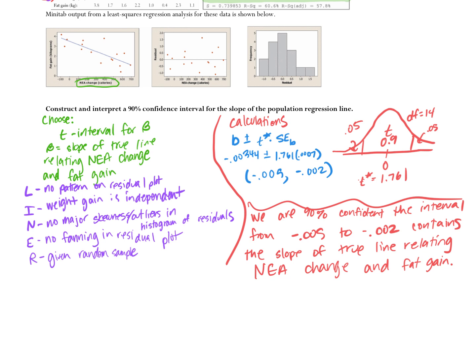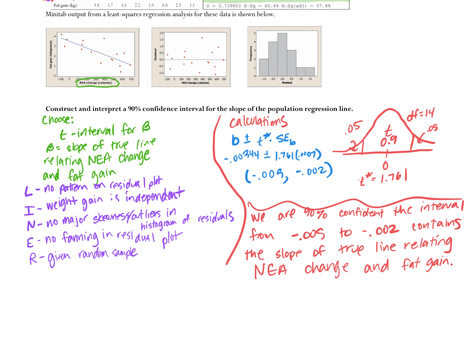Is everybody with me? Okay, now, are any of you thinking, yeah, it's negative, but these values are still pretty darn close to 0, right? I want us to be really careful of something. Are you with me that my calories were measured in calories and my fat gain was measured in kilograms?